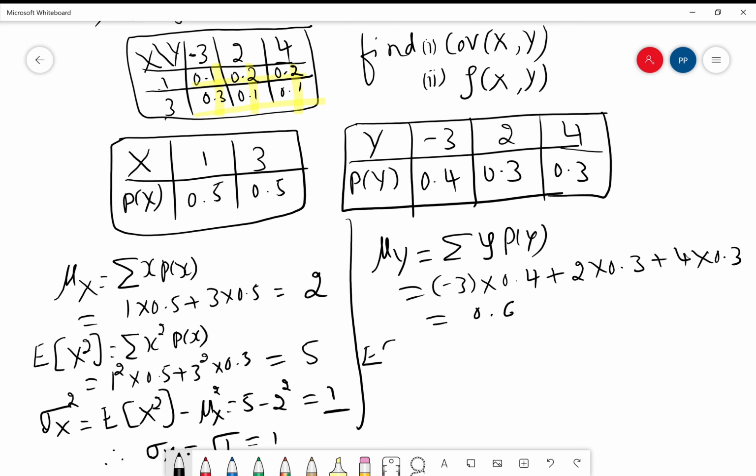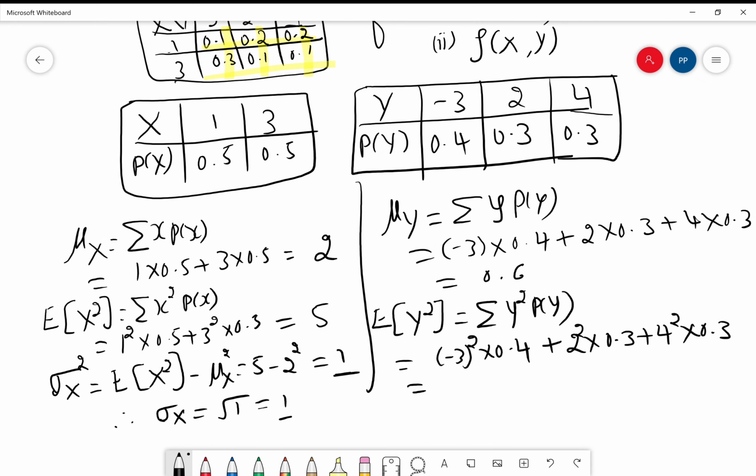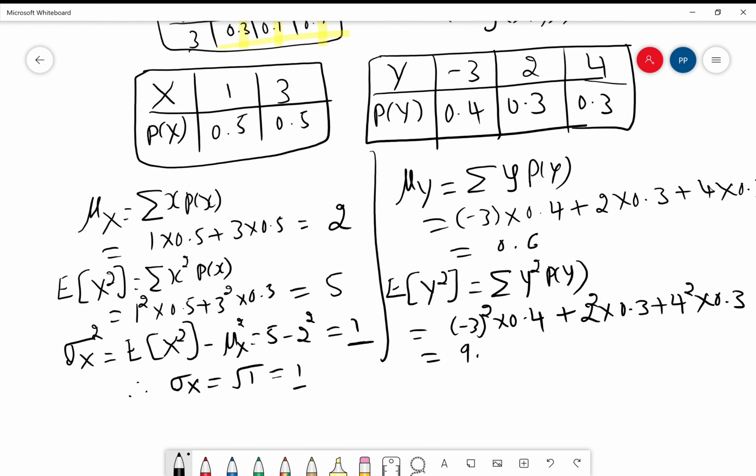So, e of y square equals, so sigma y square into p of y, which is nothing but minus 3 whole square, now it's become positive, into 0.4 plus 2 square into 0.3 plus 4 square into 0.3. If you find this sum, you are getting it as 9.6.